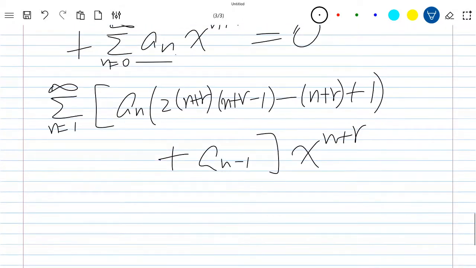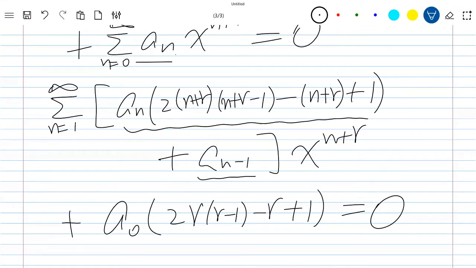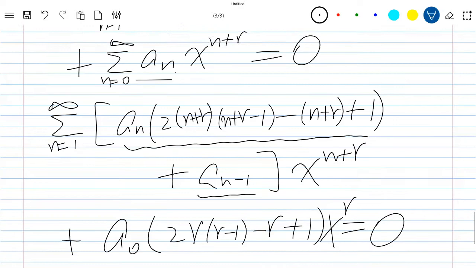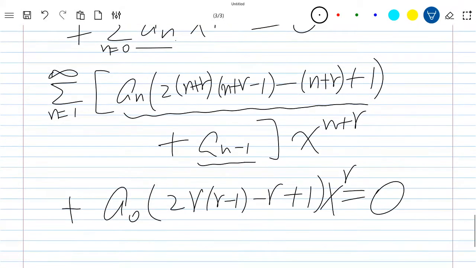Right, and there's a special term that only has this guy with no second term because there's no negative 1. So a0, this is n equals 0, and you have x to the r.